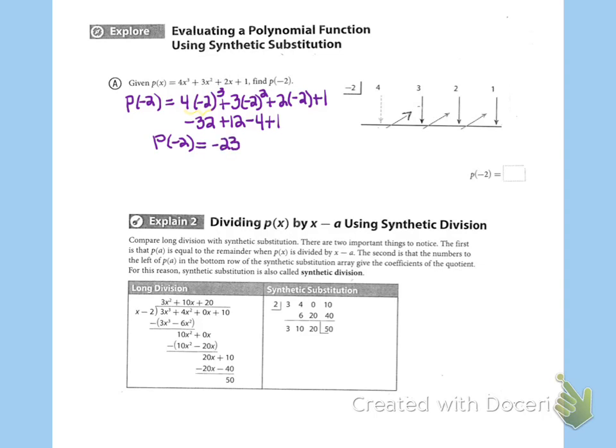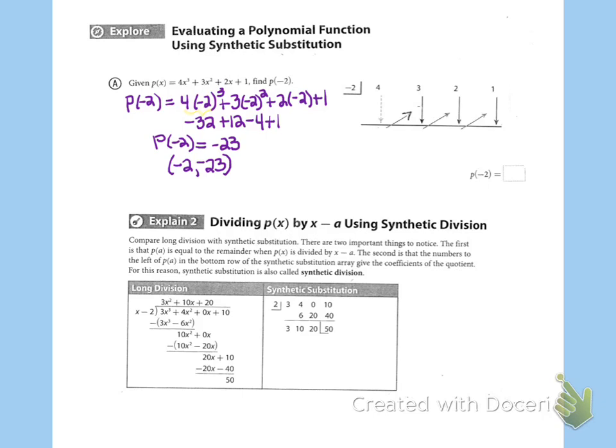So what that's really saying is when the input x is negative 2, the output will be negative 23. In other words, x is negative 2 and p of x is negative 23. Now, the synthetic substitution process will give us that same information.